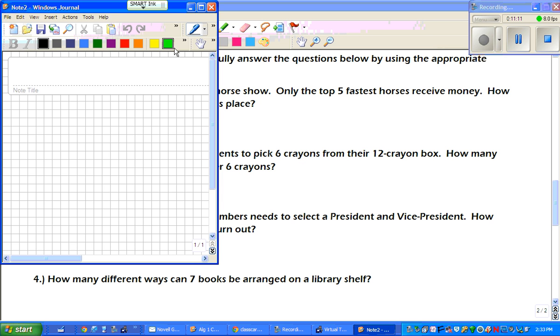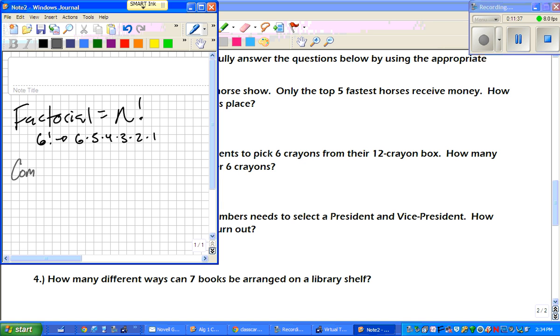Now, key things that we've talked about so far in this chapter, okay, is 1, factorial means that. So if we're doing the factorial of 6, that means 6 times 5 times 4 times 3 times 2 times 1. Okay?